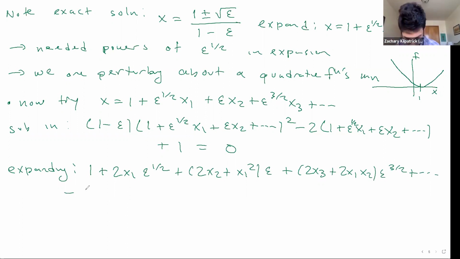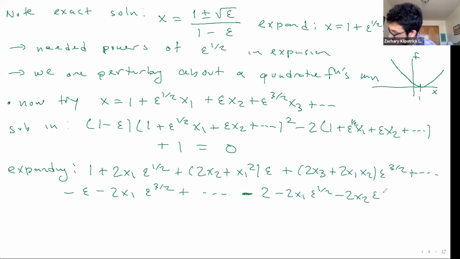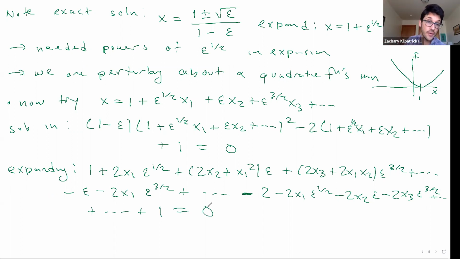Now we have the minus epsilon times all those terms, which is minus epsilon minus 2x1 epsilon to the 3/2, plus, now I write it, minus 2 minus 2x1 epsilon to the 1/2 minus 2x2 epsilon minus 2x3 epsilon to the 3/2, plus 1, and this is equal to 0, right?